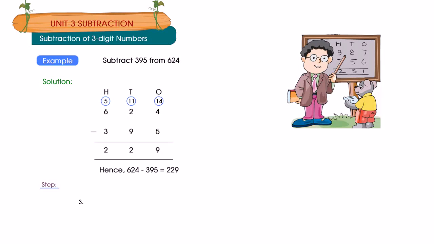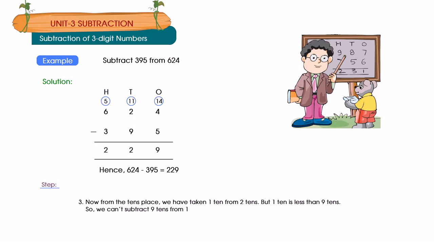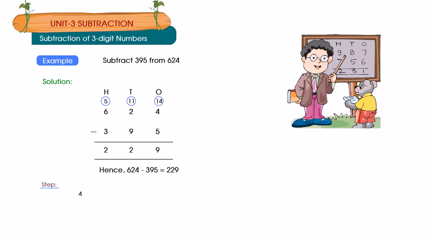3. Now from the tens place, we have taken 1 ten from 2 tens. But 1 ten is less than 9 tens. So we can't subtract 9 tens from 1 ten. 4. Borrow 100 from the hundreds place.